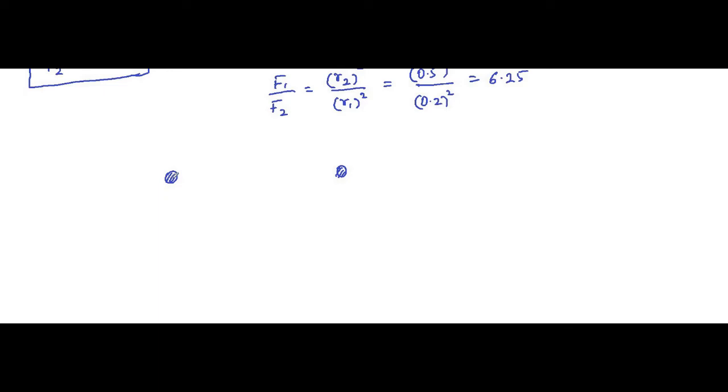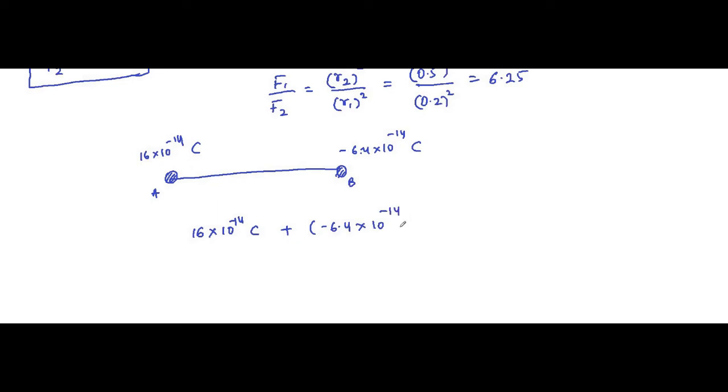charge transfer happens. In one case it is 16 into 10 to the power minus 14, here it is minus 6.4 into 10 to the power minus 14. So now the total charge between A and B, when they are combined together, becomes 16 into 10 to the power minus 14 coulomb plus minus 6.4 into 10 to the power minus 14 coulomb.